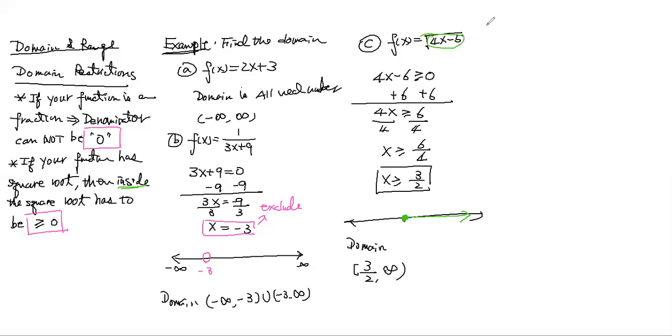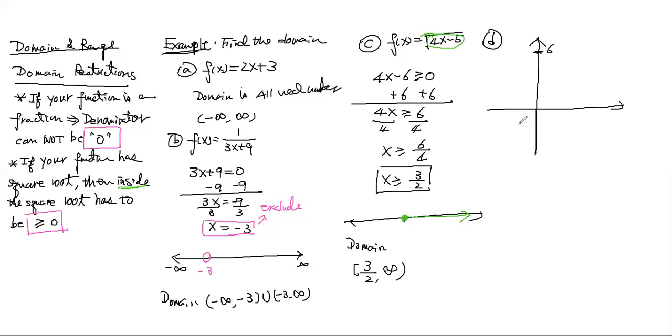So that's if you have a function, it's very easy. You just look at it and you can see what the values are. Sometimes they will give you a graph and want you to identify the domain and the range.